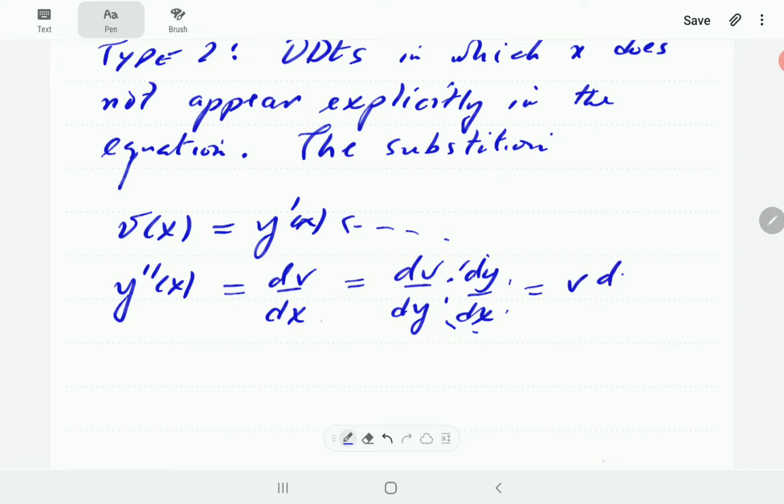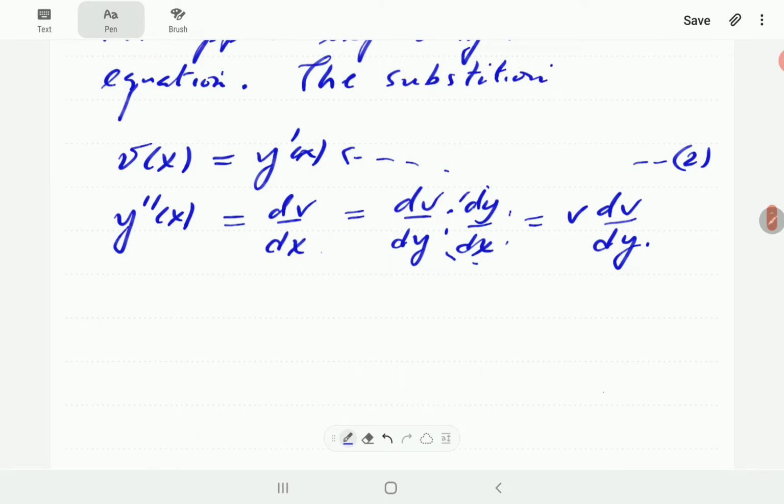So we're going to write this as v dv dy. So if you like, we convert the equation so that we have an equation of v in which the derivative is with respect to y. So the substitution 2 reduces these ODEs to first order.